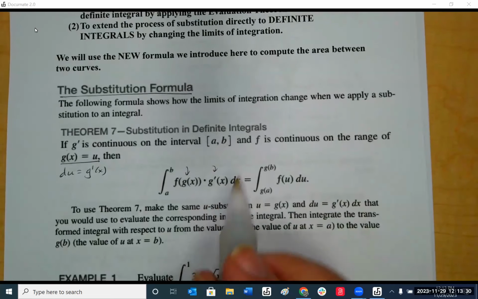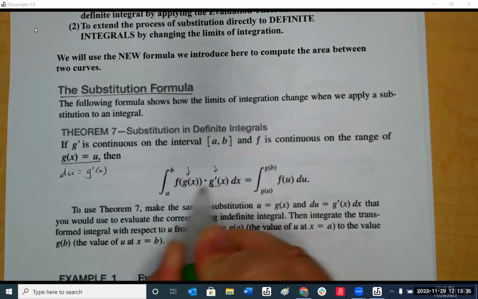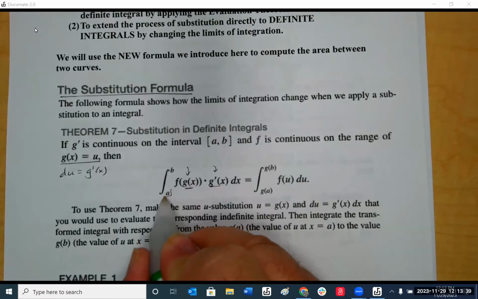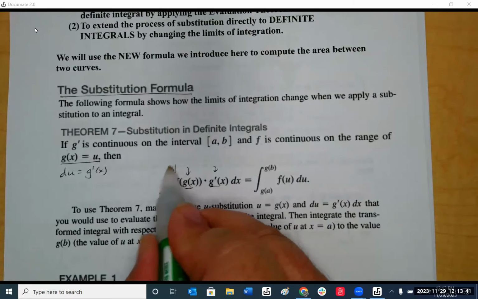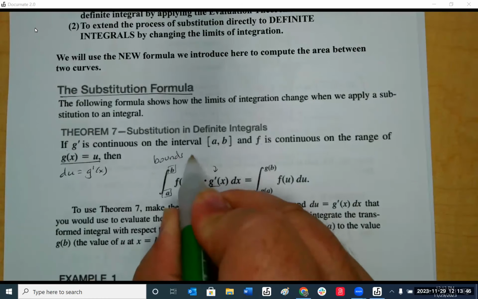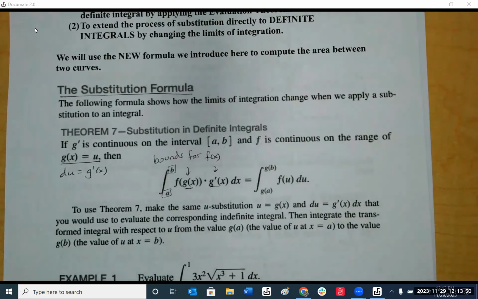But now, since I'm taking the integral with respect to the function G, I have to change the bounds, because these are the bounds for the F function, the F of x function.